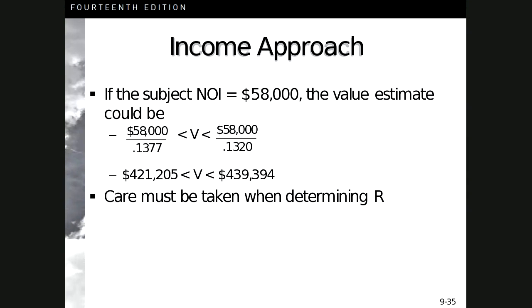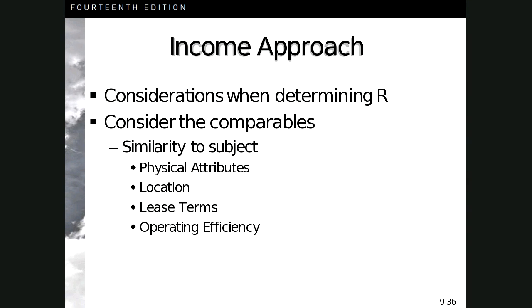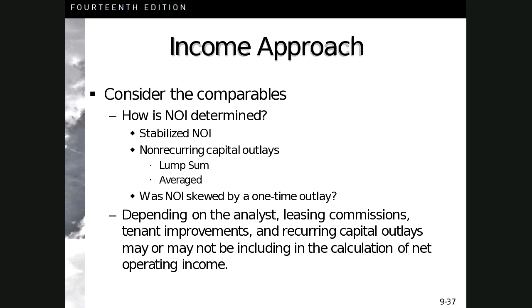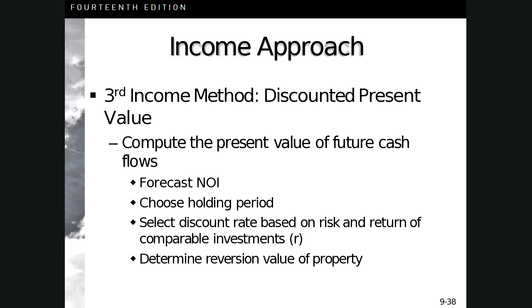Okay, so we just talked about the first two income approaches. And if we're finance people, can we ever stop talking about present value, right? We always have one thing to fall back onto, that is discounted cash flow. So compute the present value of future cash flows.